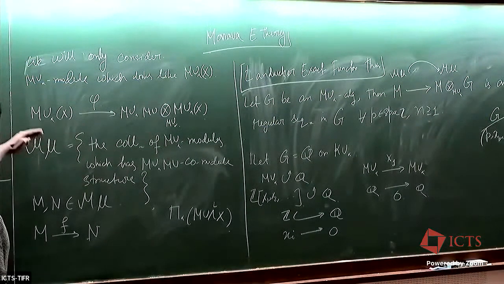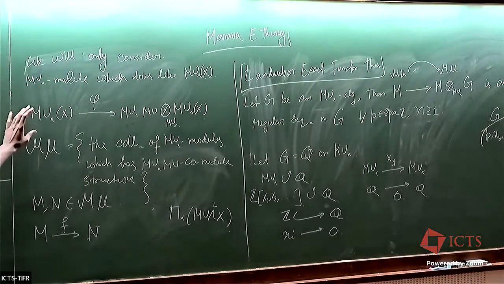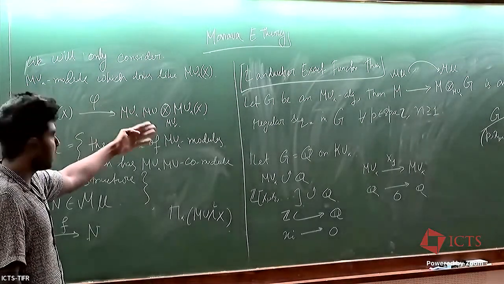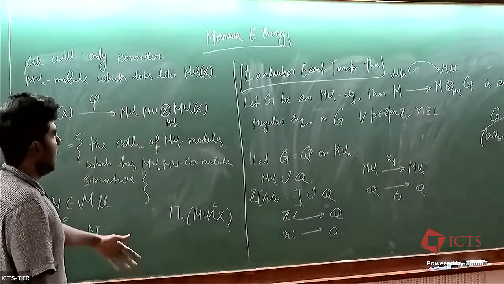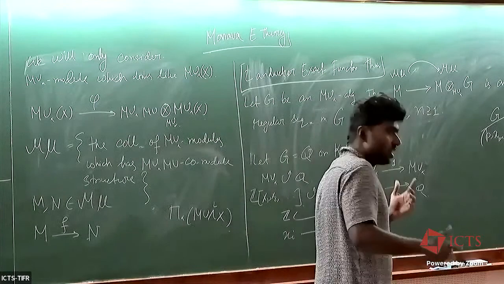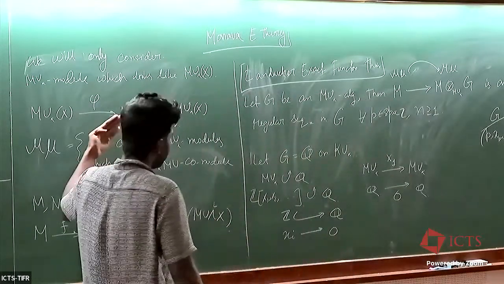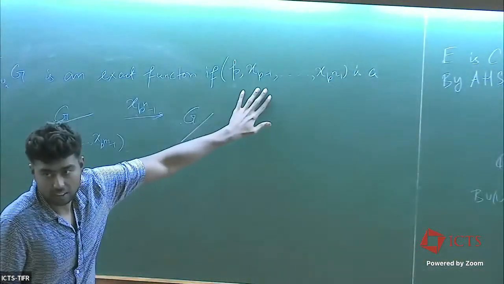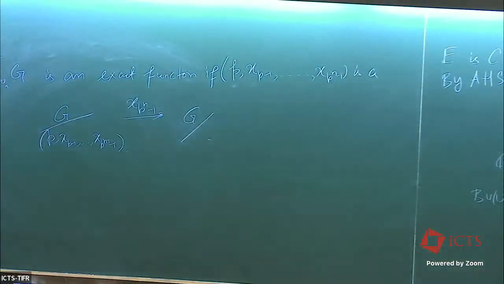If I take any ideal in mu star, it doesn't mean it will also preserve the comodule structure, so it might not be a sub-comodule. And if you take a prime ideal, the only finitely generated prime ideals which are also sub-comodules of mu star mu are like this. So for that reason, you need this.